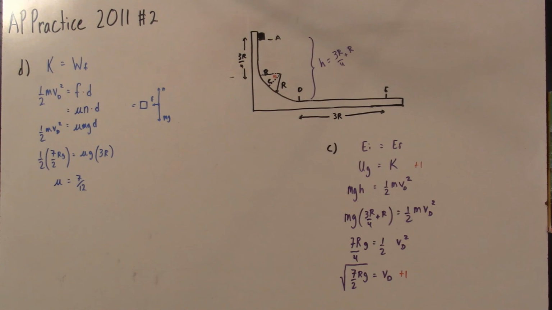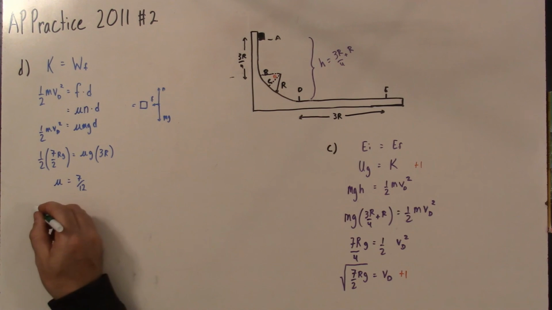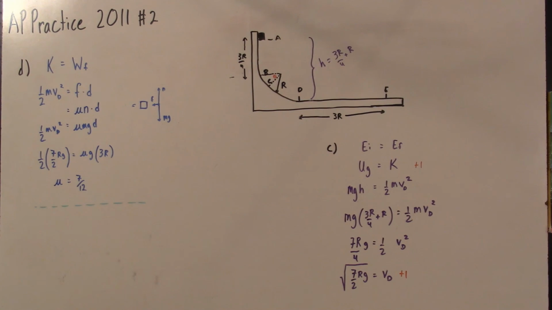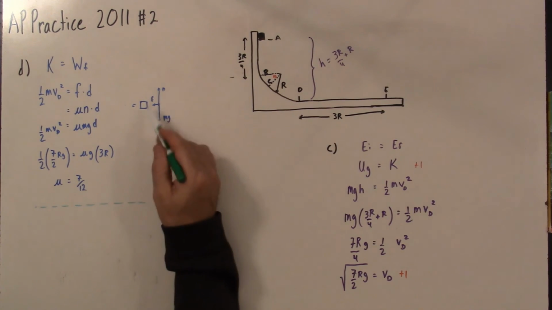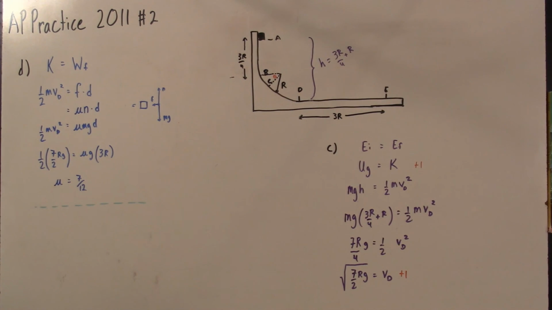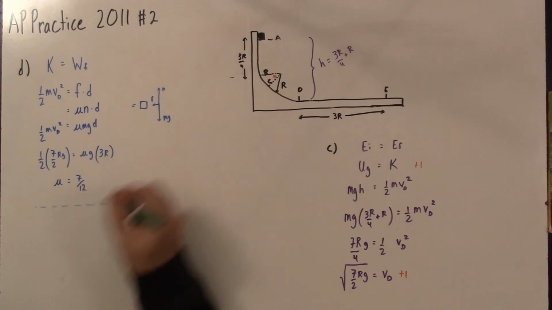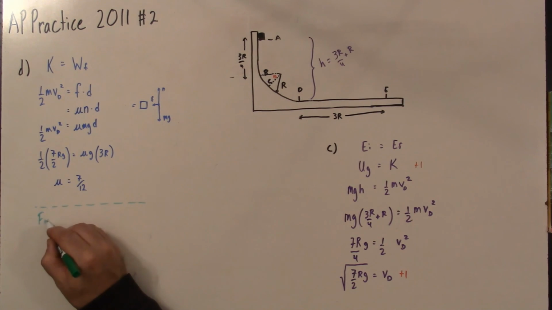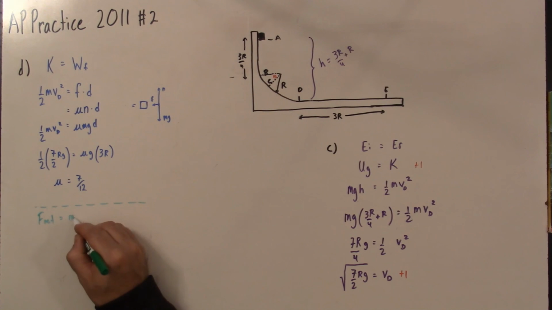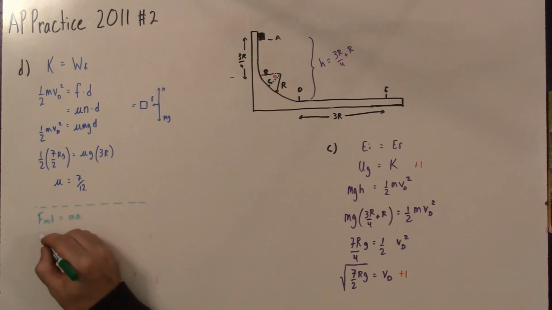So that's one way to do it, and that's a pretty powerful way to do it. Let's look at the other way to do D. I know that it's sliding and being brought to a stop by friction, so I can actually use Newton's second law. The net force is equal to the mass times the acceleration.